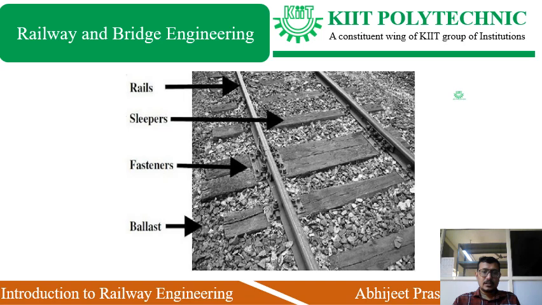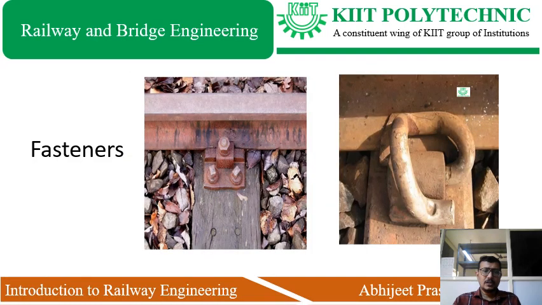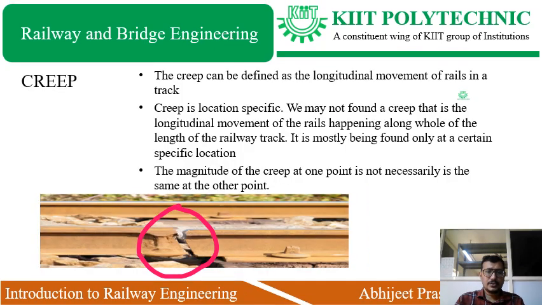So in this figure, you can see all 4, 5 components: this one is the ballast, this is the wooden sleeper, then this is the fastener, and this is the sleeper, and these are the rails. Besides fish plates, there are also other fasteners we are using in railways.